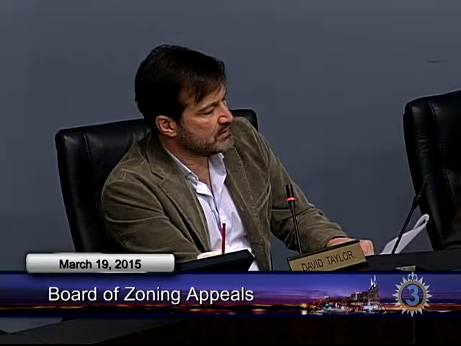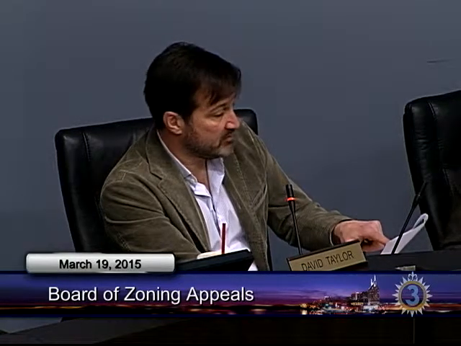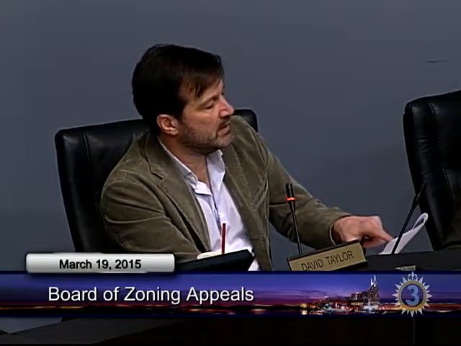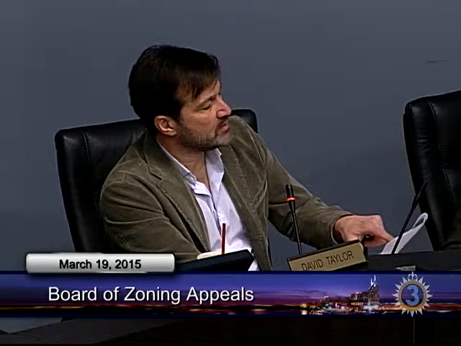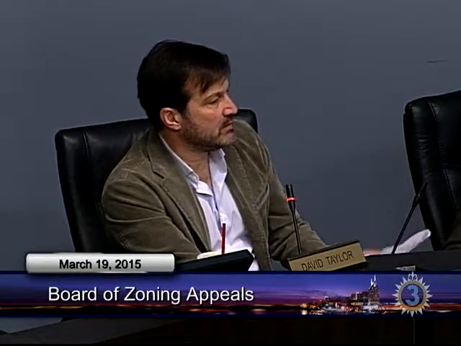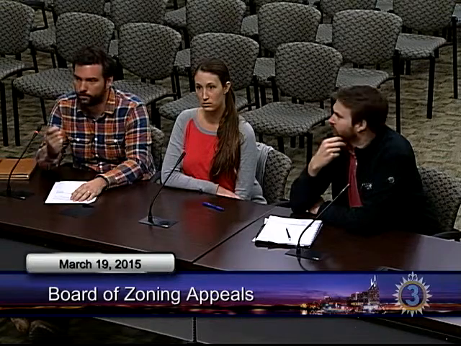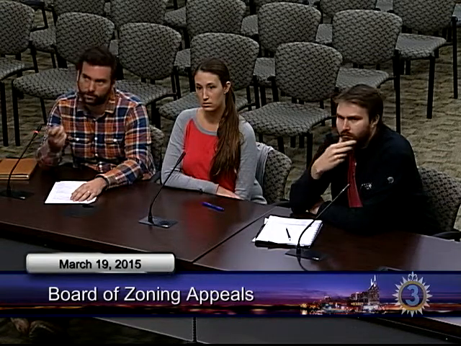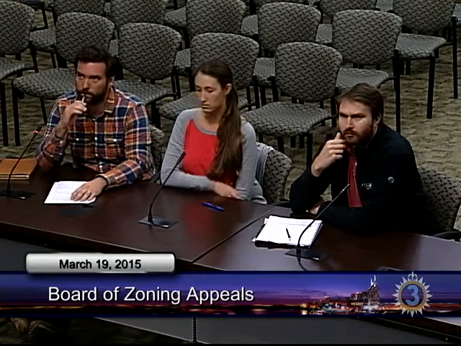The house next door is 31.7, 27, 47.6, that's the outlier. And then the next one is 27.3. Okay. So you guys would be closer to the street than any of your neighbors. We'd basically be moving 7 inches closer to the street than what's currently on the lot, 26.3 to 25.7.